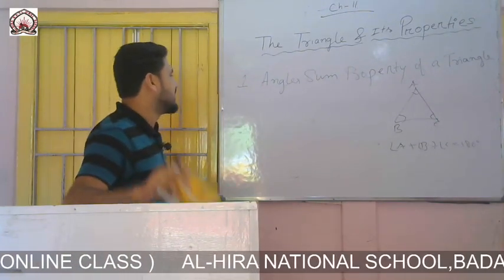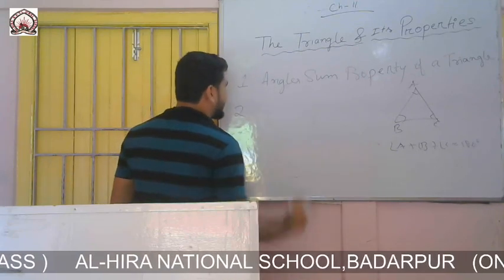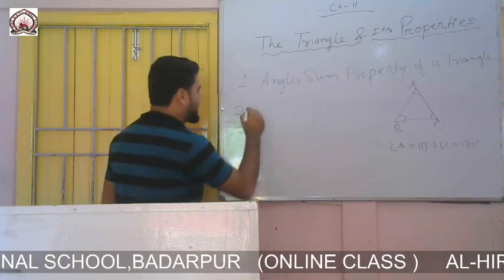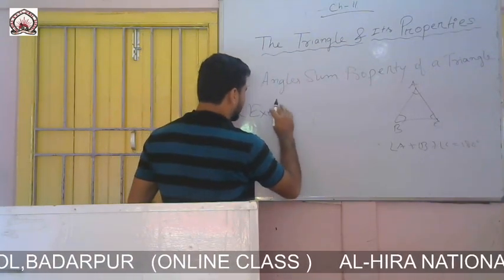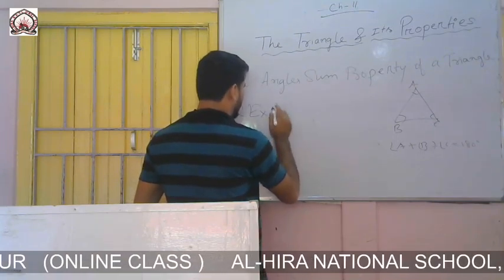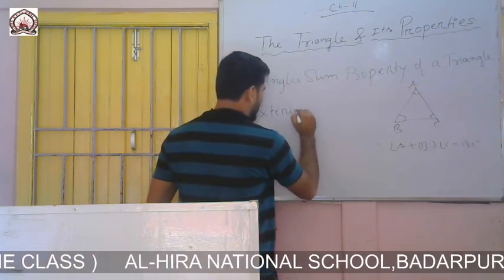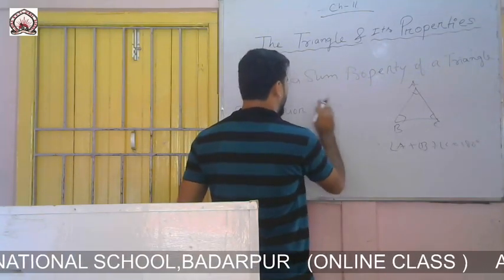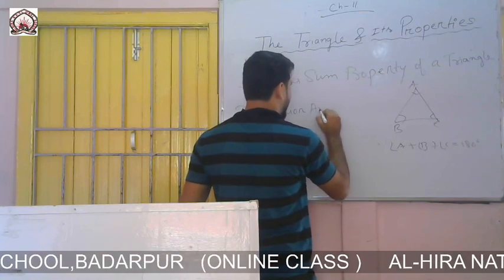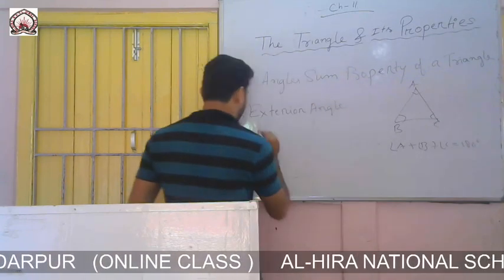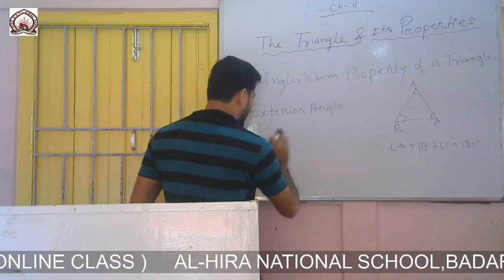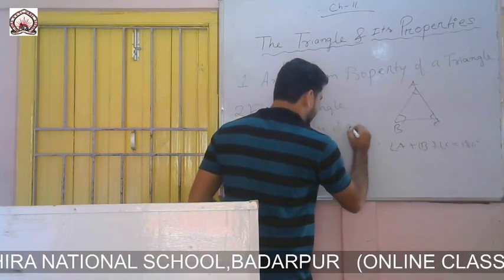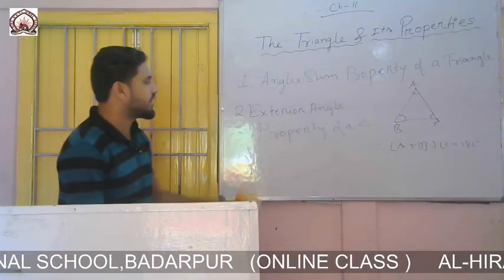Now we shall discuss the second property of the triangle, that is exterior angle property of a triangle.